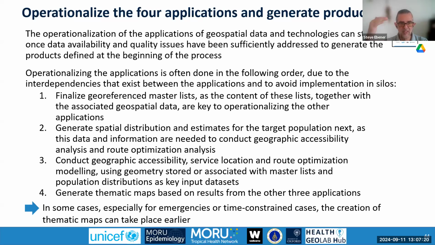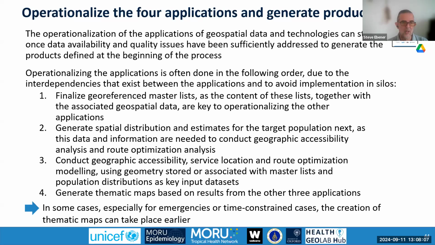There is also a certain order to follow in relation to that, meaning that the first thing to be done is to make sure you have all your georeference master lists in order, because they will serve as part of the ground reference to ensure the quality of the data and the products. So make sure that all your master lists are in place together with the associated geospatial data. We're talking about administrative units, for example, province, district, and not only do you have the master list, but you also have the associated GIS data that contains the boundaries of these administrative units.